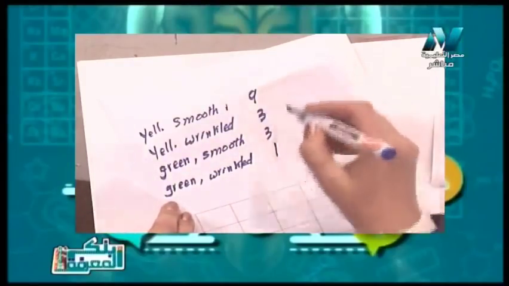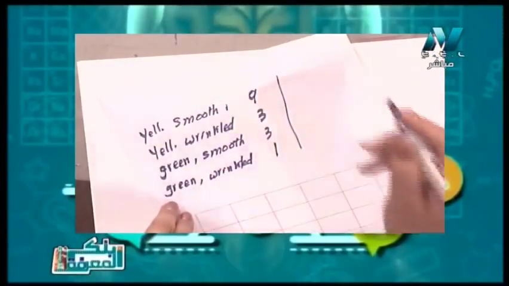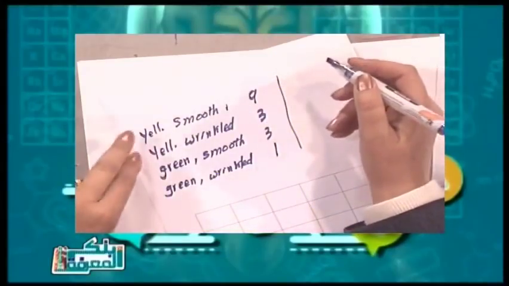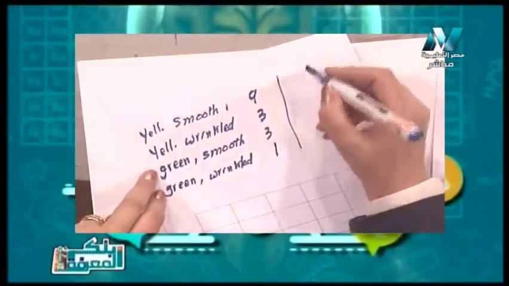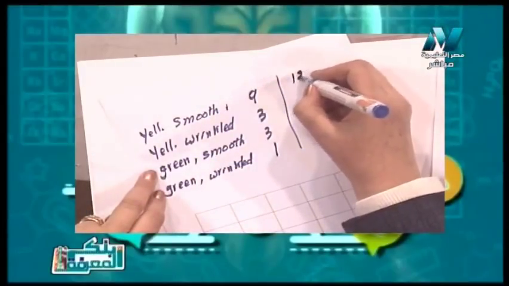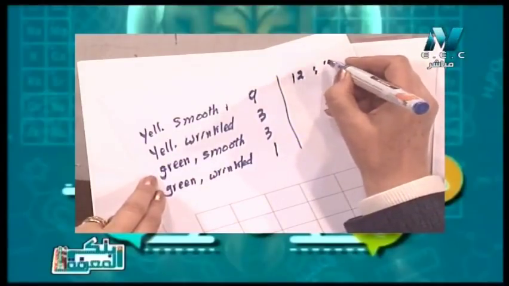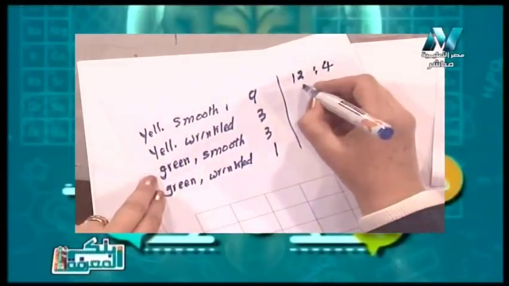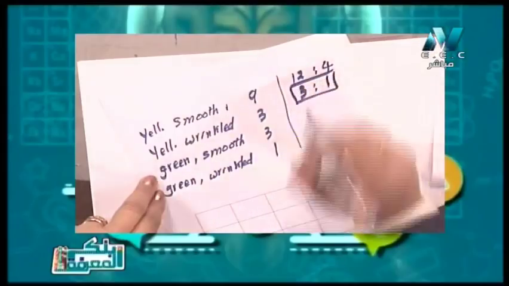And if we want to refer to the first law of segregation, if we count the number of yellow and green seeds, we will find they are 12 yellow and 4 green. So they represent the same ratio, 3:1.